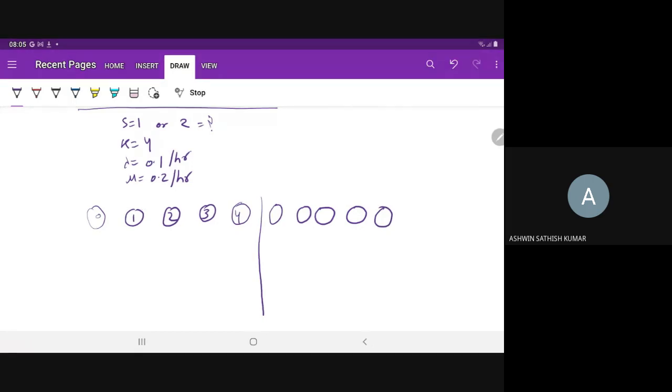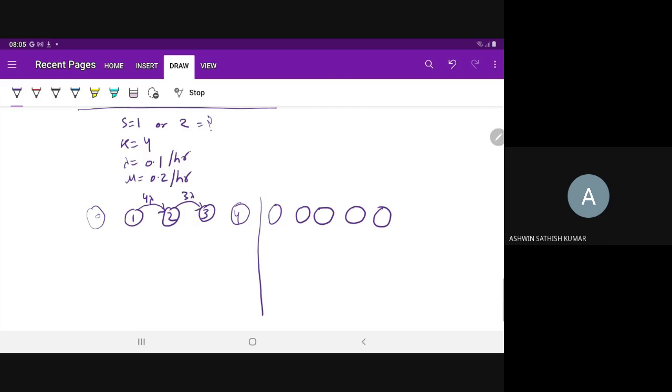Now, can you tell me what will be the rate for the finite population? One machine is failing with the rate 0.1, and we have four machines, so four machines will fail with the rate 4 lambda.